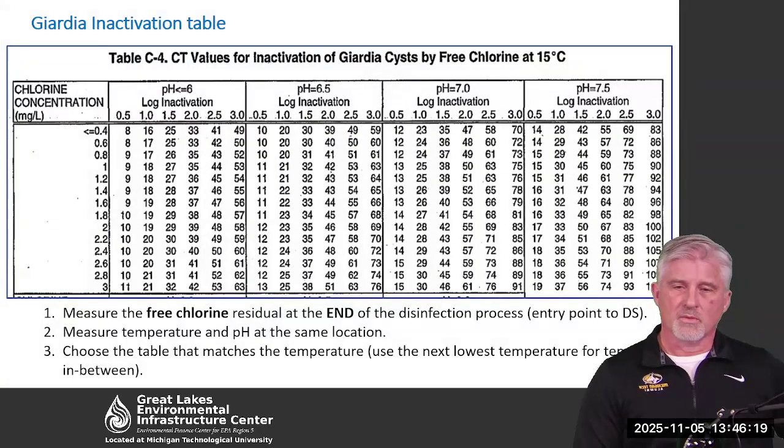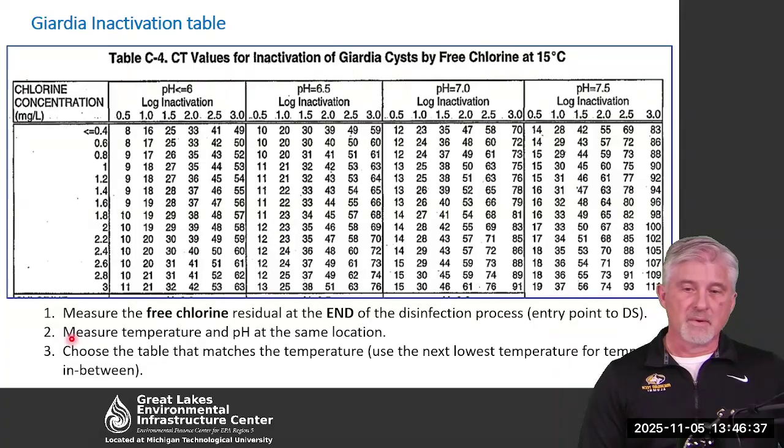All right, now we're going to look at the Giardia inactivation table. The first step is to measure the free chlorine residual at the end of the disinfection process, so at the entry point to the distribution system. Then we measure the temperature and the pH at the same location.